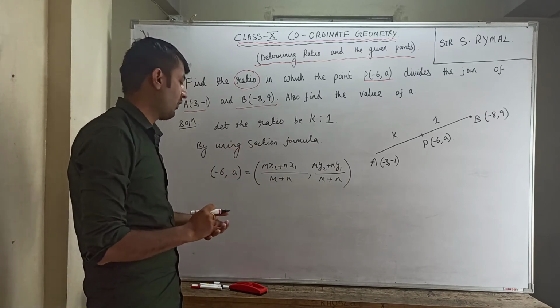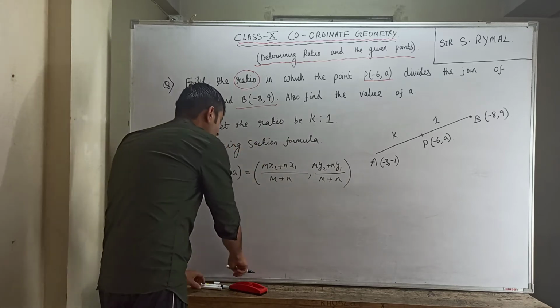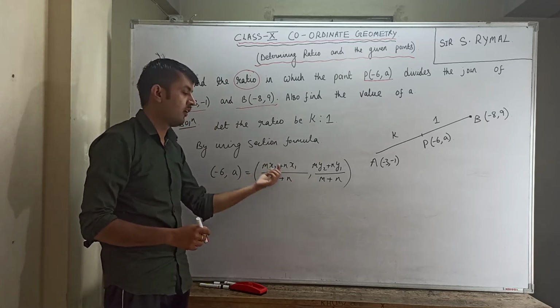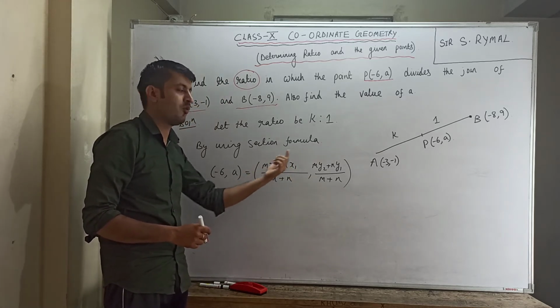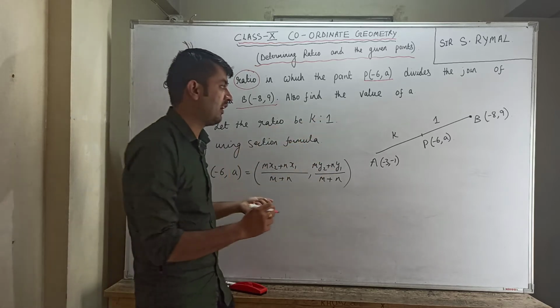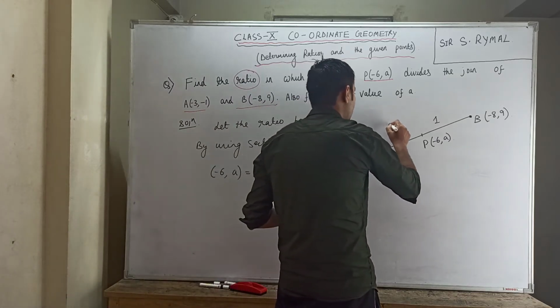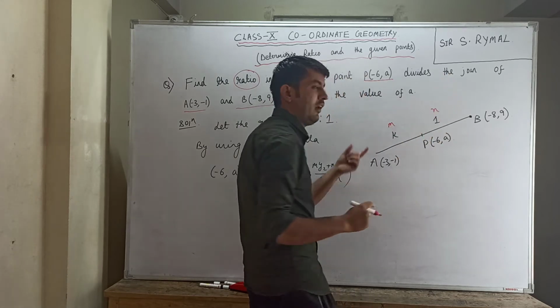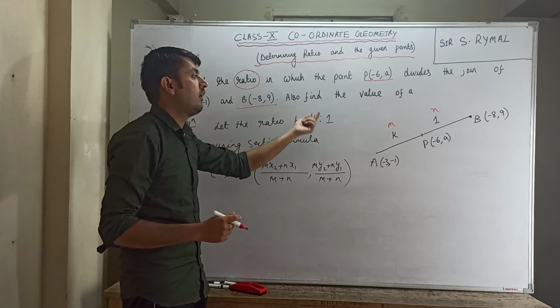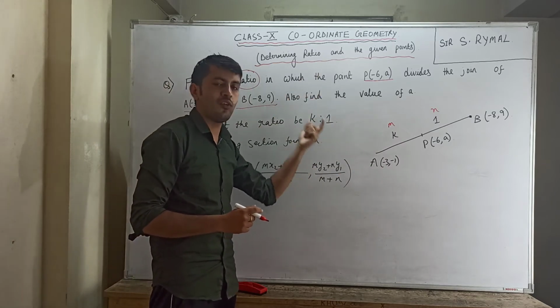After you finish writing it down, you have to identify what is m, what is n, what is x1, x2, y1, y2. Let us identify in the figure also. You can identify this is m, this is n. In examples you can write it this way only. No need to write down in detail that m is this, n is this, x1 is this.